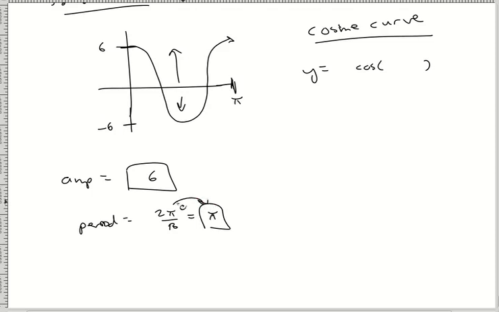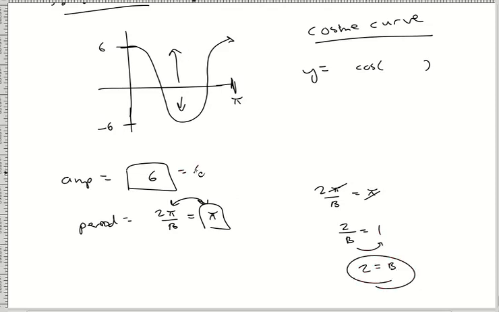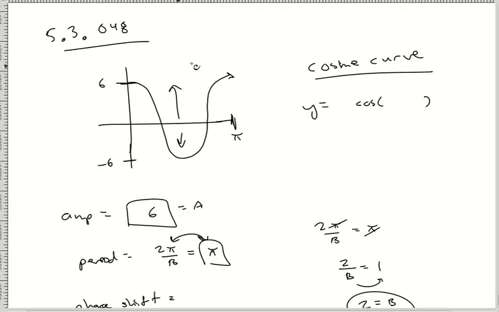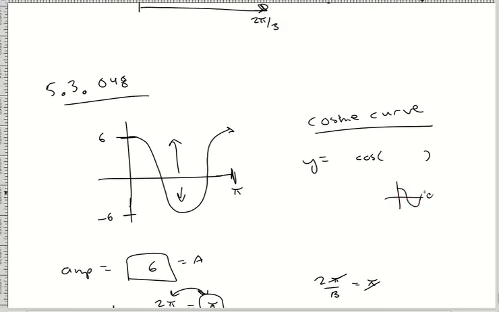But I can now use this to find out what my b is. So, okay, 2 pi over b is equal to pi. The pi's actually cancel. You got 2 over b equals 1. Move the b over. B equals 2. So you got an a equals 6, a b equals 2. The phase shift, horizontal shift, whatever you want to call it, is, if this is cosine, and cosines generally just look like that, is it shifted any side to side?